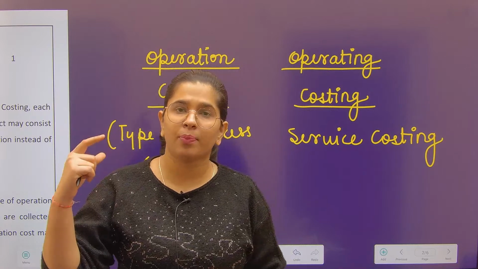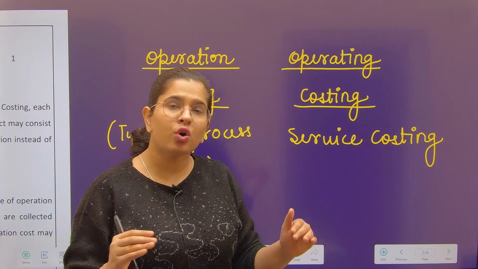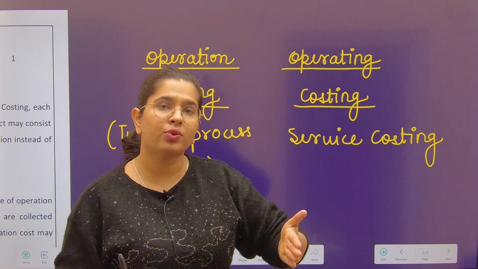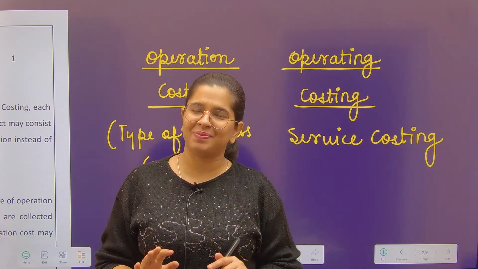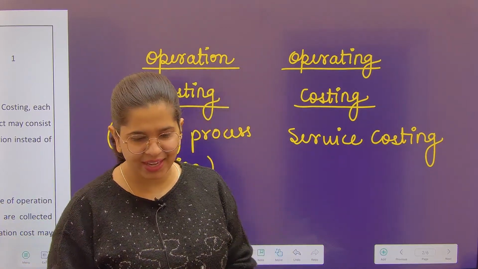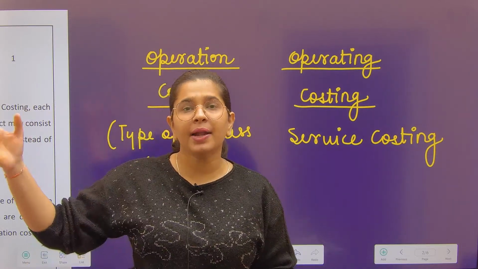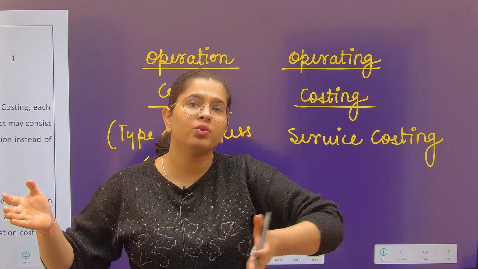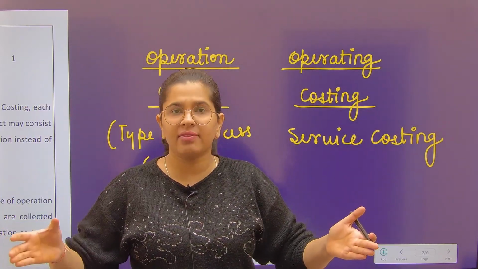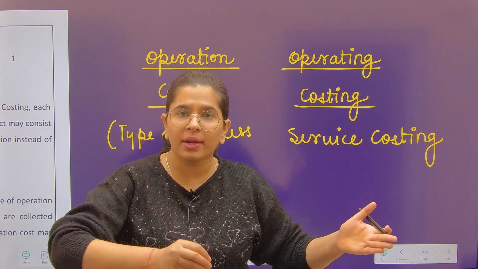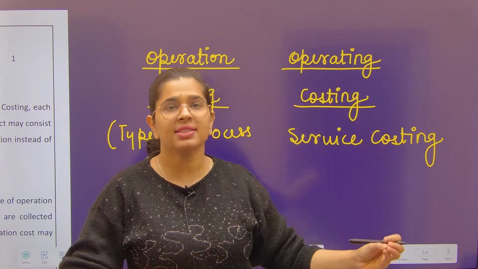The quantity of cold drink in the Pepsi bottles is also the same. So in the process of producing Pepsi, I don't know how Pepsi is made, but just as an example, when you are making Pepsi there must be processes. First, raw material will be assembled, then that raw material will go into manufacturing. After manufacturing, the packing stage will come.